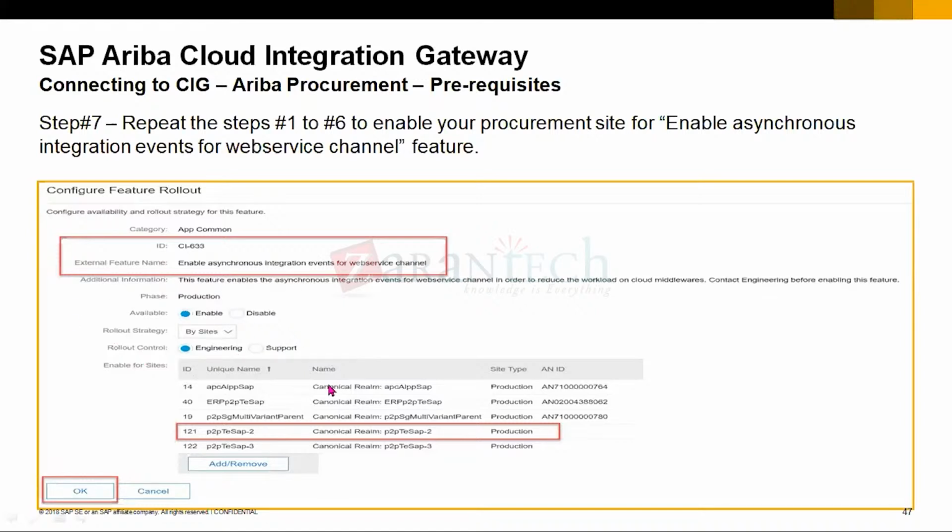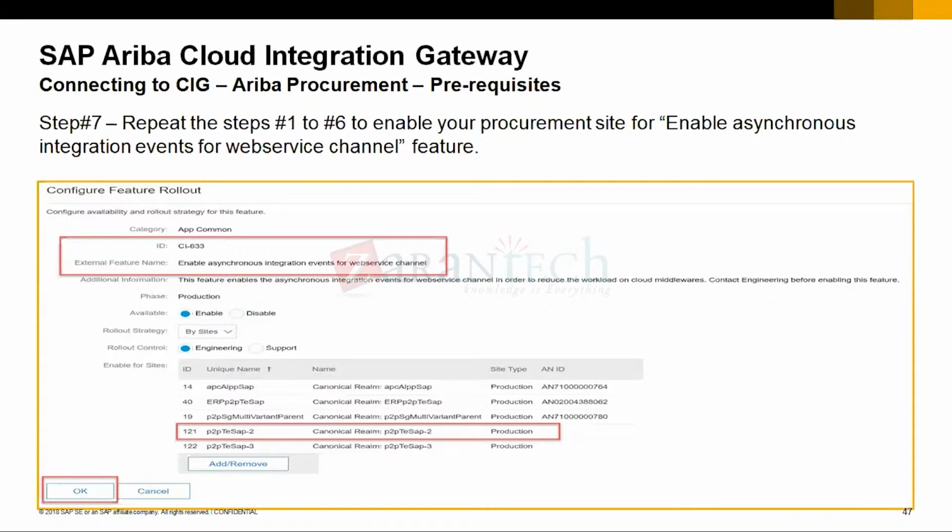Because of this. Let me tell you in a different way, just to avoid any kind of confusion. Whenever we are going to enable the CIG component as an Ariba consultant for the procurement solutions, the system will ask you to choose the different web services tasks. It's not only for the purchase order or the invoice; based on the requirement, whatever different asynchronous task is applicable, you have to choose that particular task.